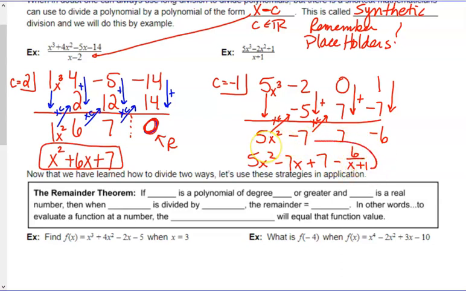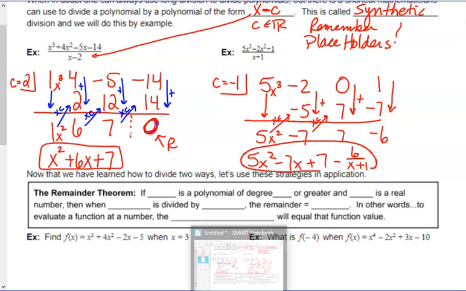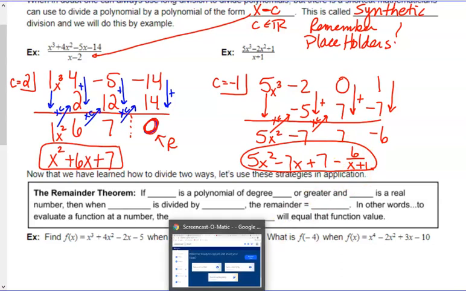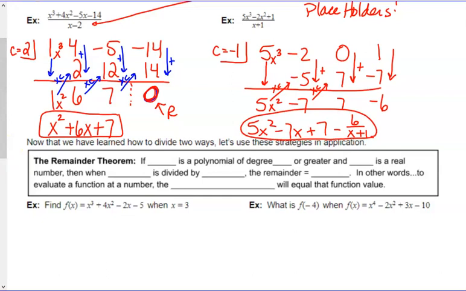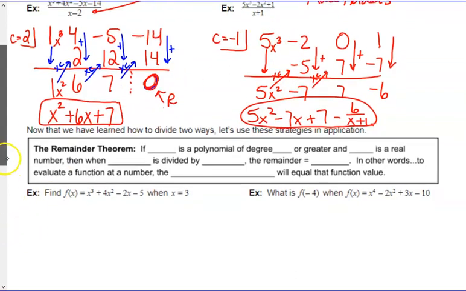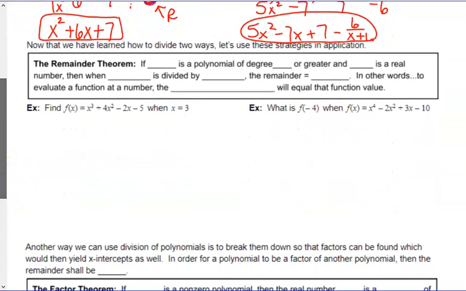Now again, you could write it where you end up having +7 plus a -6 over x plus 1. I don't care where you put the negative, either in the middle of them or on the top of the fraction. But that would be our quotient. So if I take this and I multiply it by x plus 1, I get back what I started with. Okay? All right, so those are the two strategies that we're going to use to do some division.